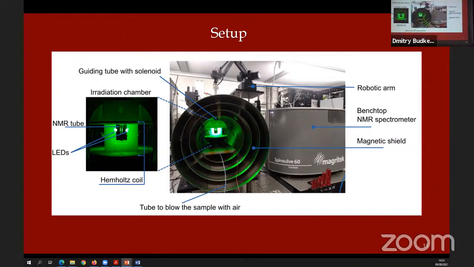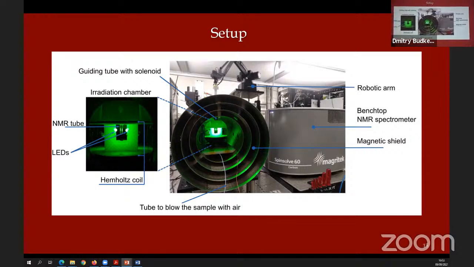I should say maybe a word here. It's interesting that these machines are high field NMR machines. They operate at a field of about 1.5 to 2 Tesla, typically. They appeared only a few years ago, and they were enabled by the advent of special magnets called Halbach arrays that can have reasonably high field and also very homogeneous field.